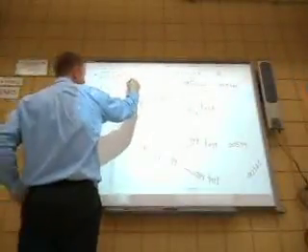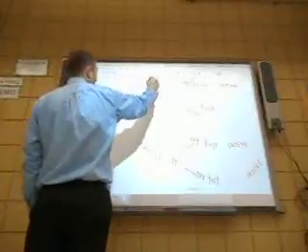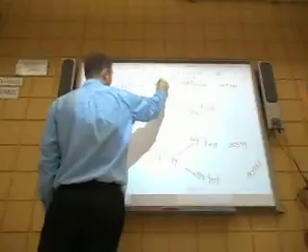Now, the real kicker is the last question here, which says, what is the probability that a person has the antibody, that a person actually has the disease, given that they tested positive? So what is the probability of disease under the condition of a positive test?